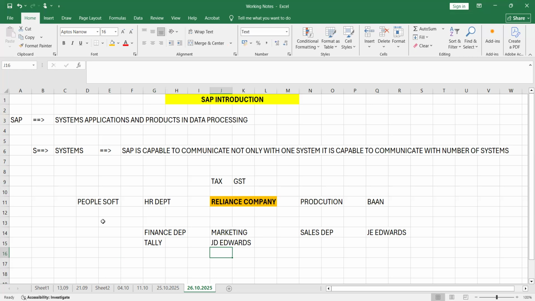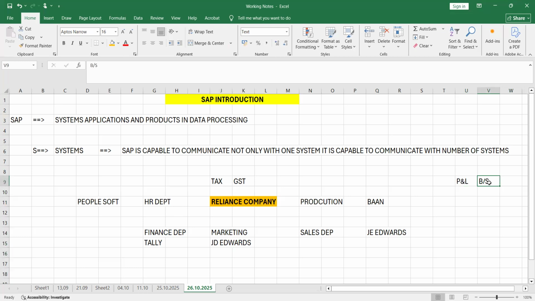Whenever a Reliance company wants to check its profit and loss account statement, P&L statement, and balance sheet, its financial report, it needs to get data from all the departments. Then only can we do our P&L and balance sheet.